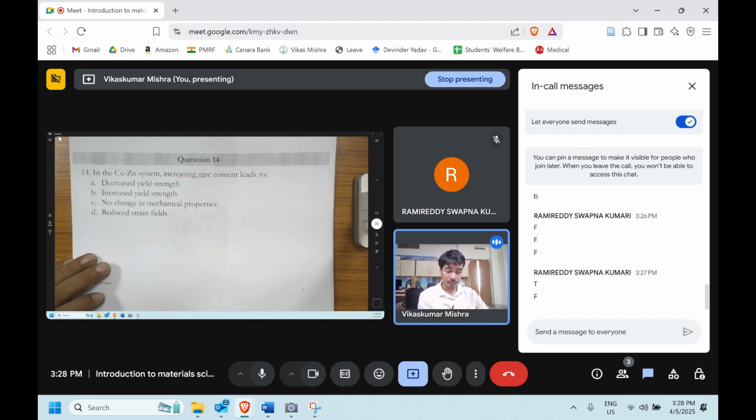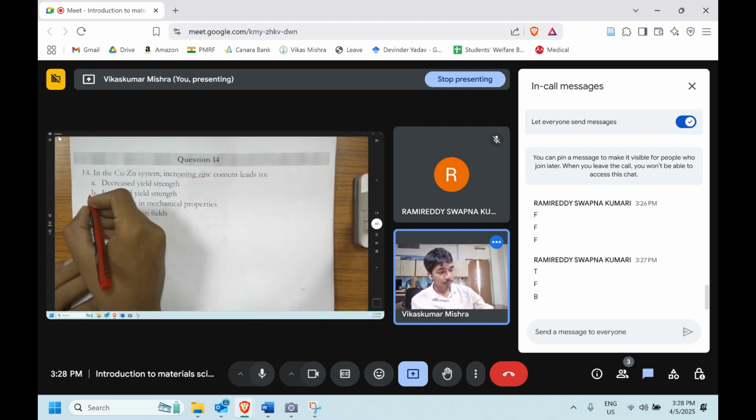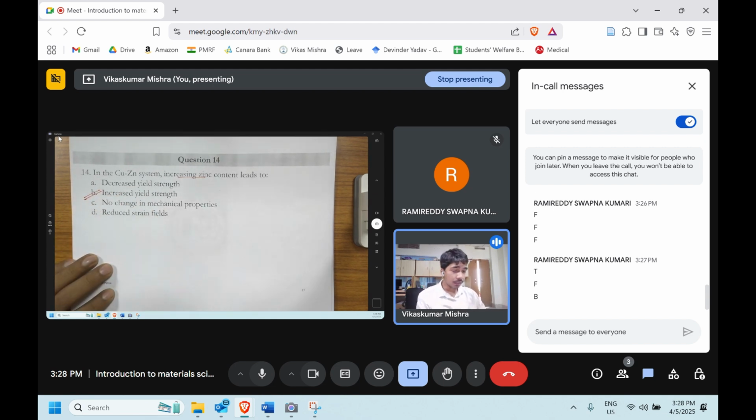Which one will be the right answer? Option B, perfect. Increased yield strength, because there will be a strain field produced about the impurity material which we are going to add, that is zinc. That is going to create strain and it will restrict the motion of the dislocation. Either it can attract or it can repel. In both cases, it's not going to leave the dislocation free.